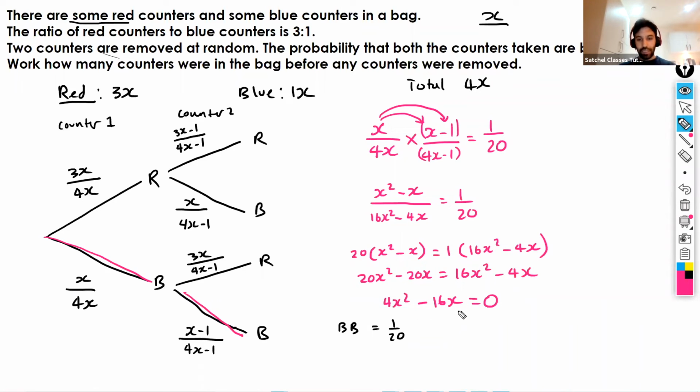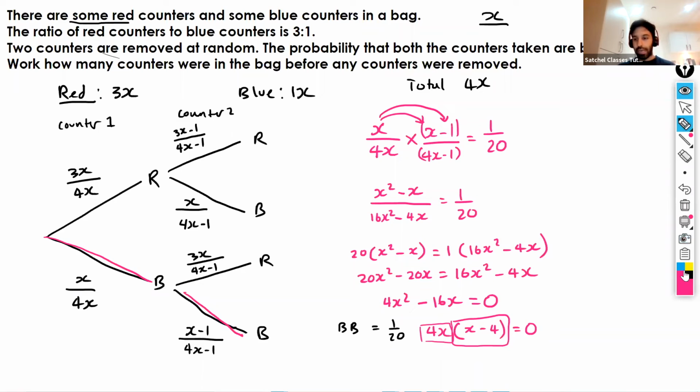Now, if I factorize this, this is solving a quadratic, which you may or may not have seen before, but this is where algebra is so important. If we factorize this, we get 4x on the outside multiplied by x minus 4, and that is equal to 0. Either 4x or x minus 4 has to be equal to 0 in order for these two to multiply to give us 0.